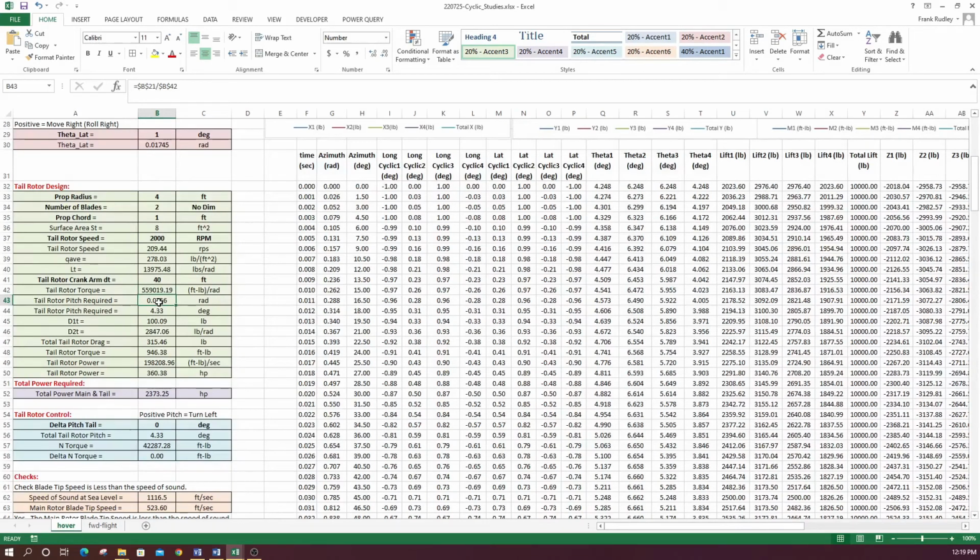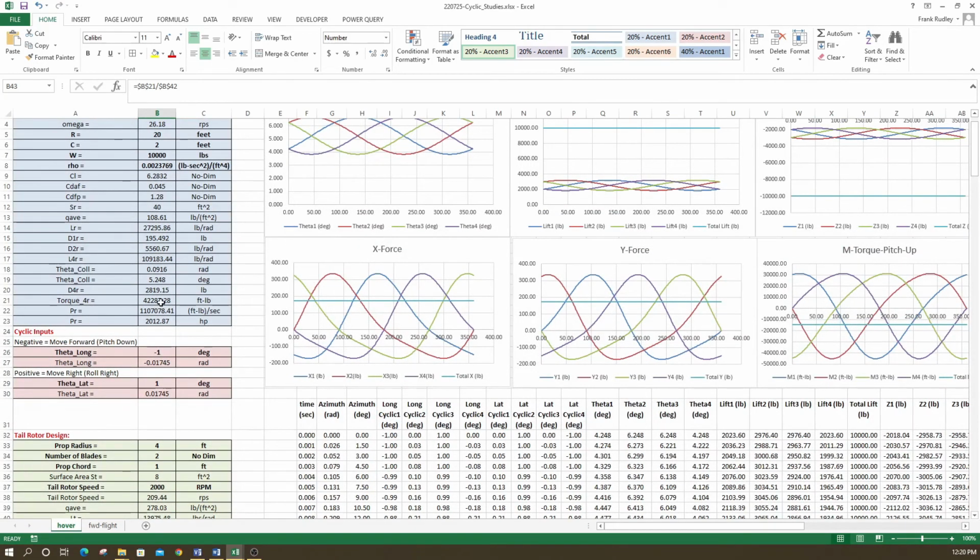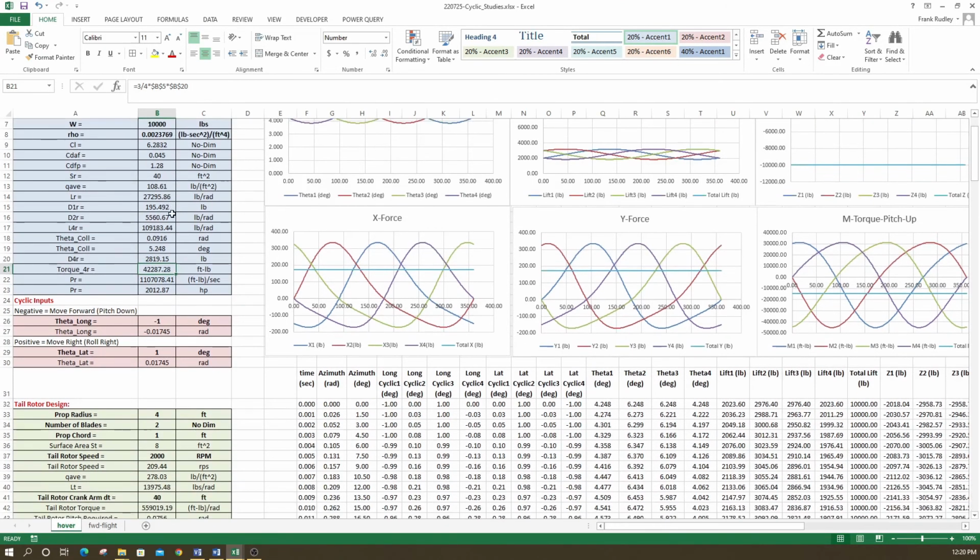So we need to figure out the pitch of the tail rotor. The way we do it is we know from up here, it's B21, the torque from the main rotor. This is the torque caused by the drag of the main rotor, which we computed previously. It was 3/4 times B5 times B20, so that's 3/4 of the radius of the blade times the total drag in pounds.